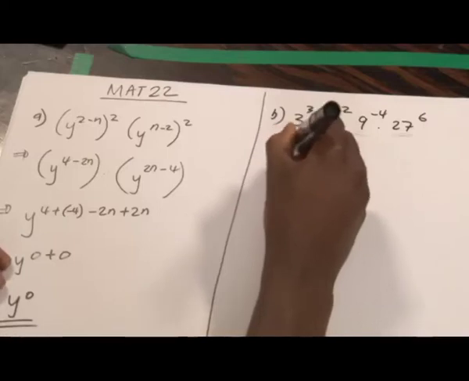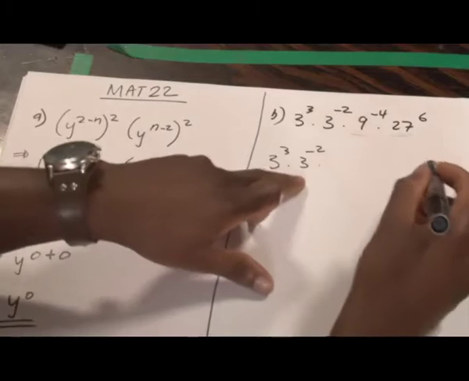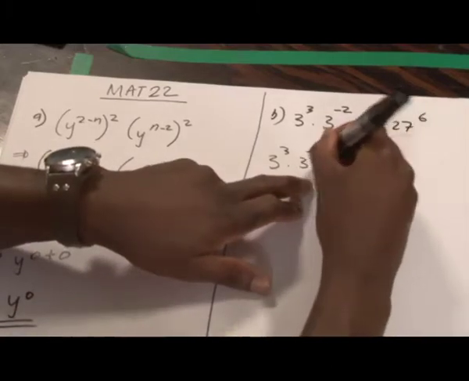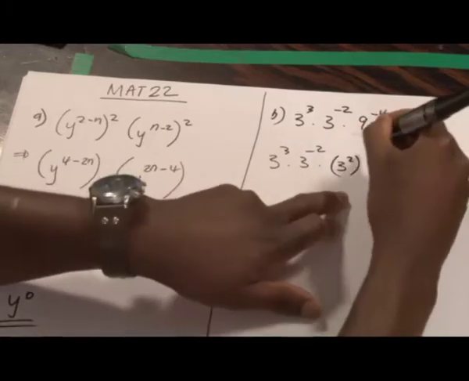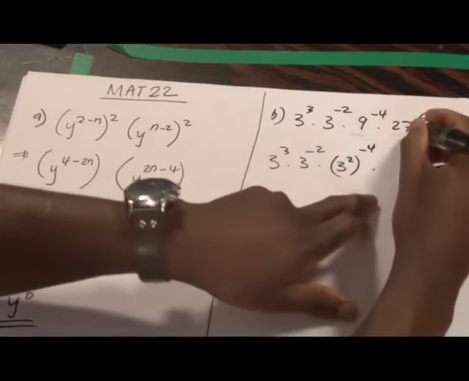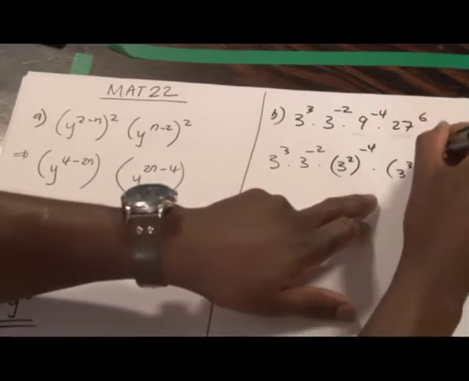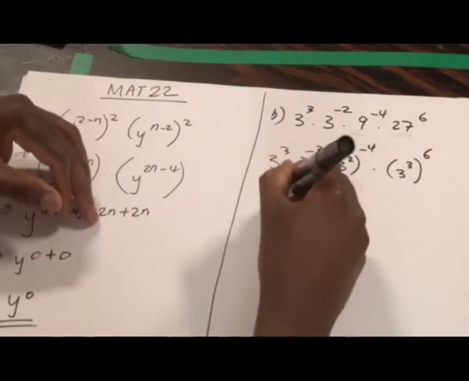You want to convert them such that you have the same base throughout. 9, that one divided by 3 gives you 3, so it's 3 to the power 2, the whole of it to the power negative 4. How about 27? That one's going to be 3 to the power 3, the whole of it to the power 6.